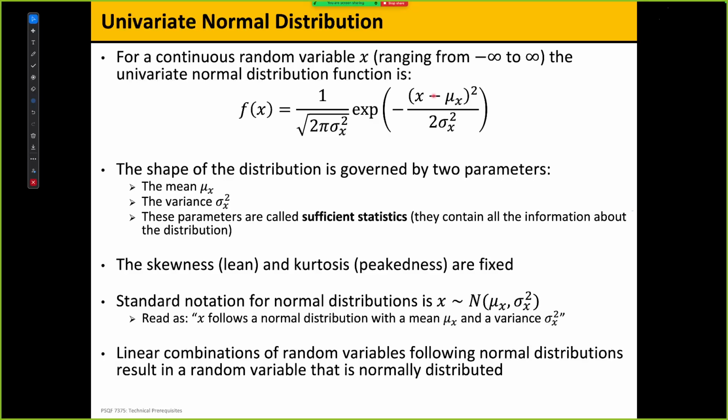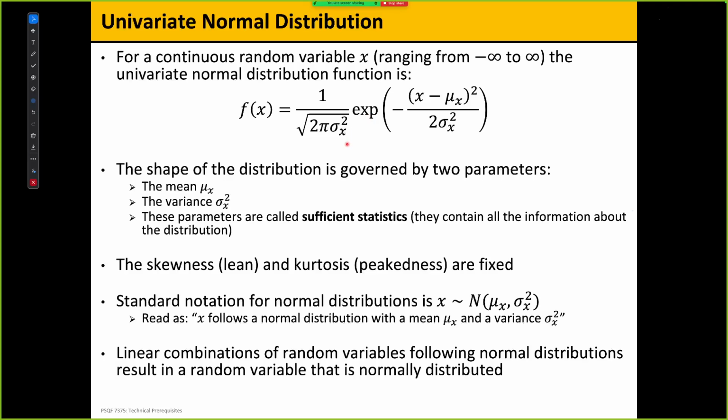Now you'll note here x is a variable. That's our random variable. So that means mu and sigma are parameters, and this pi is a constant. It's just 3.14, et cetera. So pi is not a parameter of the model, it's a constant. So very much like e is a constant, although I write e out with exp.